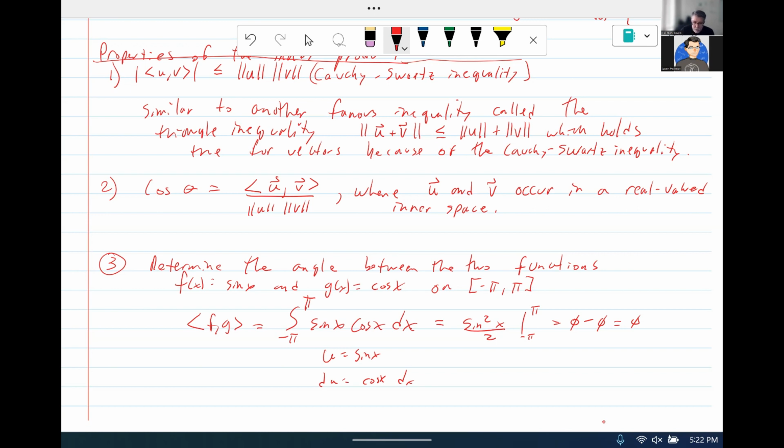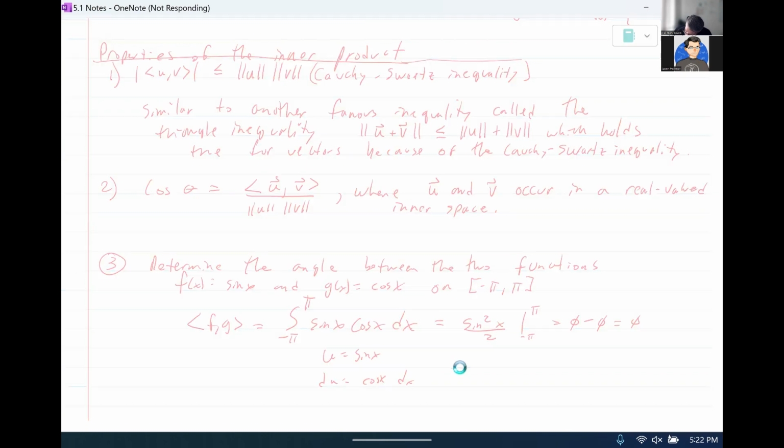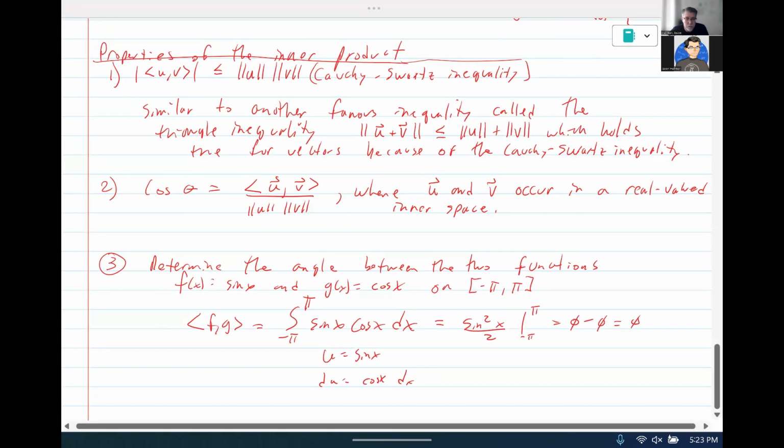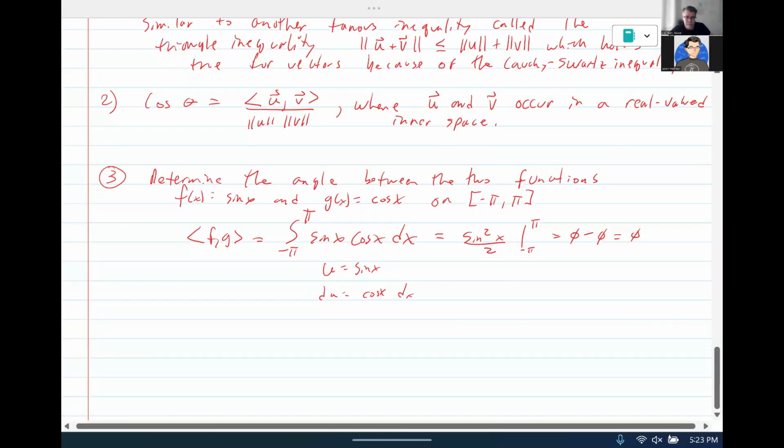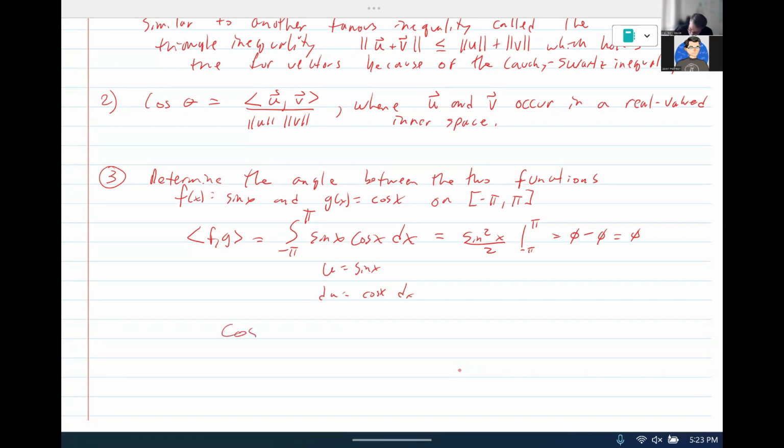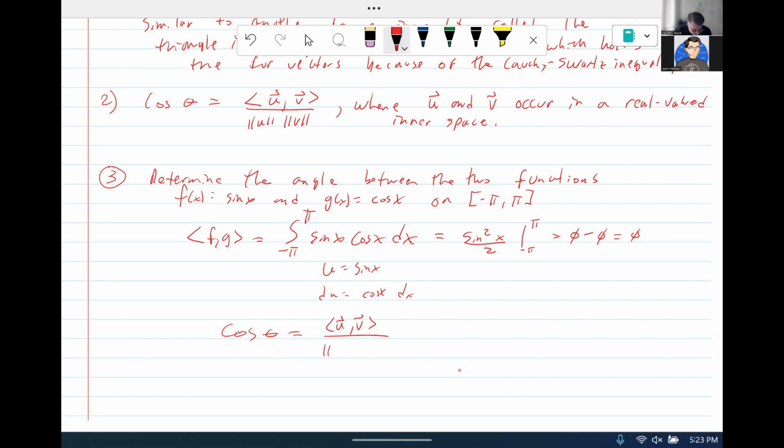So between negative pi and pi, because the cosine of theta is equal to the inner product of u and v over the magnitude of u times the magnitude of v, and we know that the inner product of f and g was 0, it doesn't matter what the magnitudes are, it's going to go to 0.